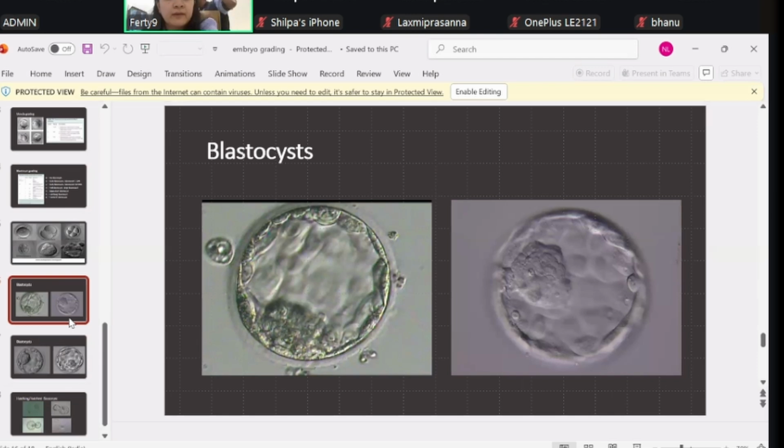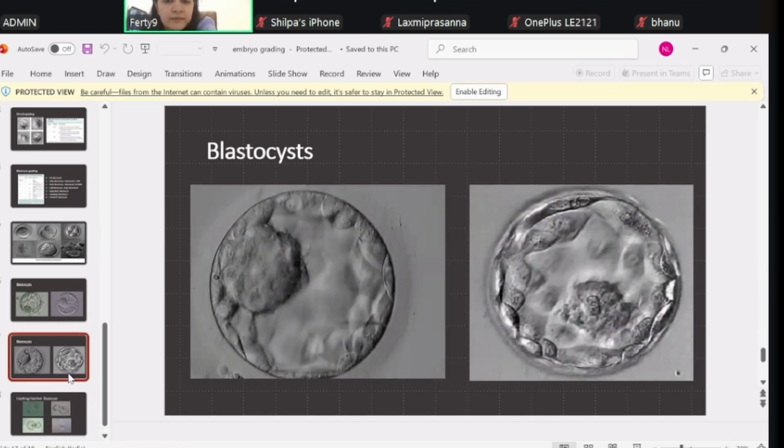So here, when you happen to see blastocysts, these are the good grade of blastocyst. Some pictures I have kept here. So this is also 4AA grade blast. This is 4AB grade blast. So 4AB or AA. 4 means the expansion.